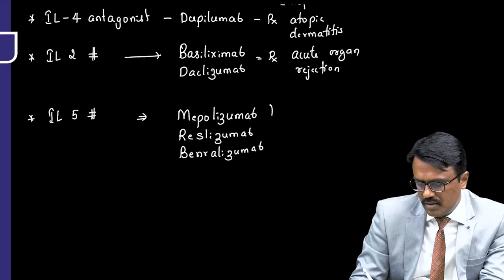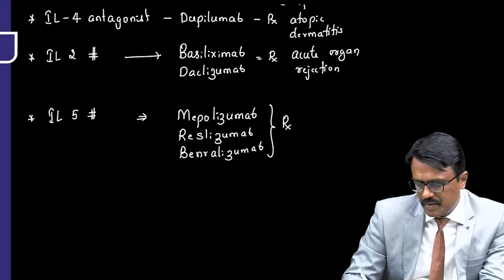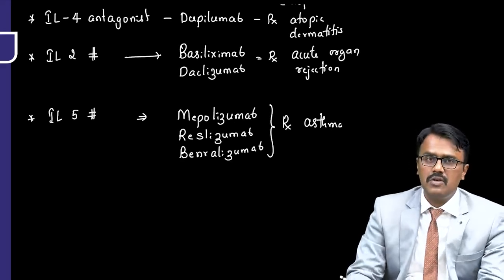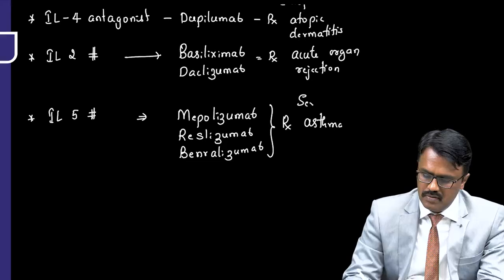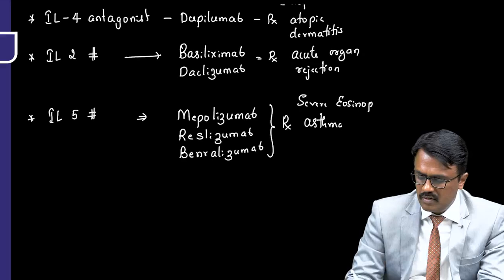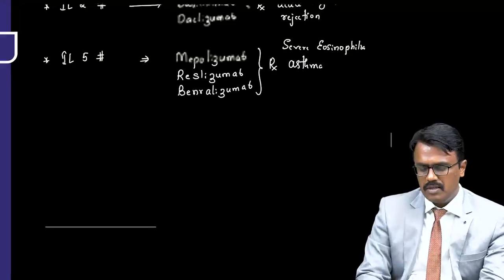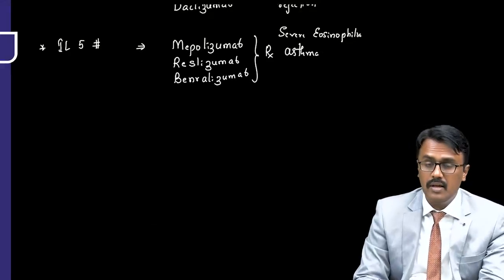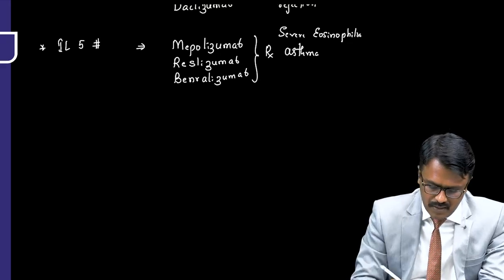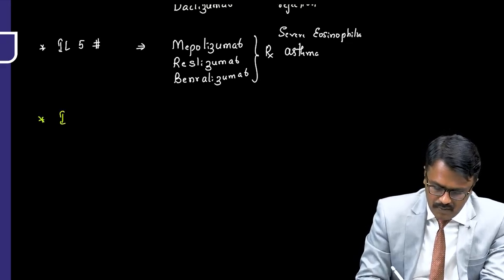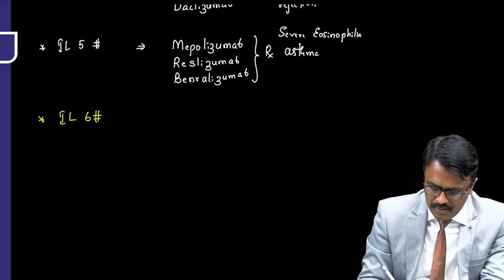So these are all used in severe eosinophilic asthma: mepolizumab, reslizumab, benralizumab.